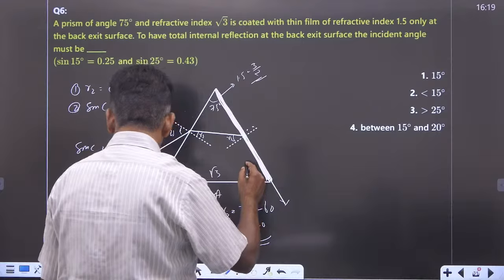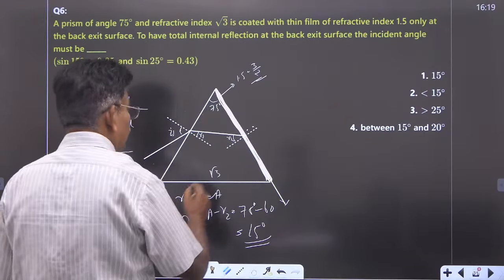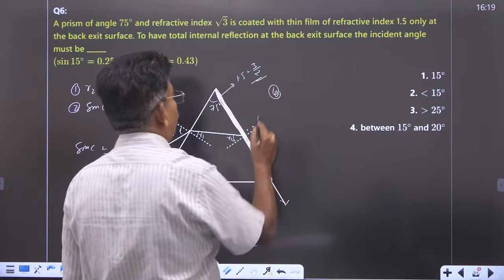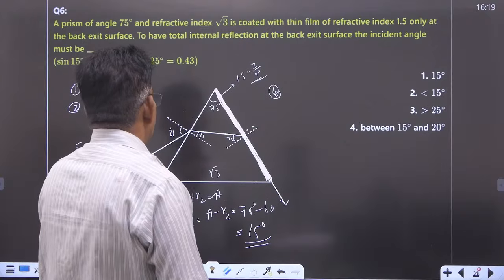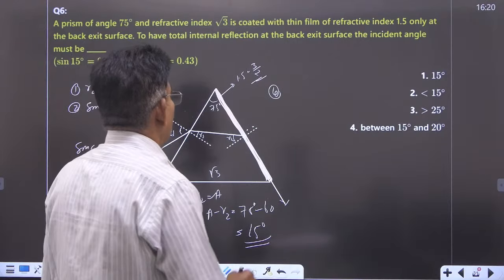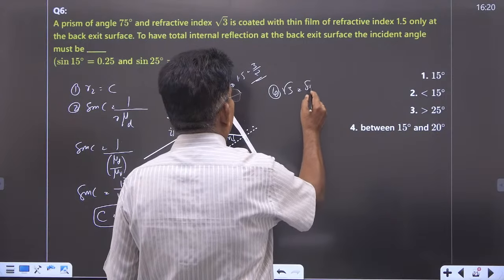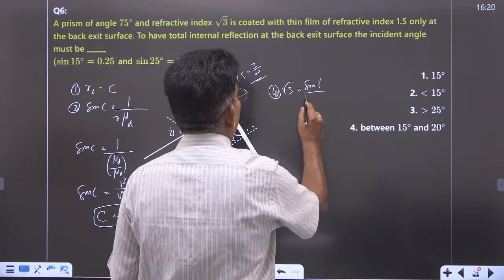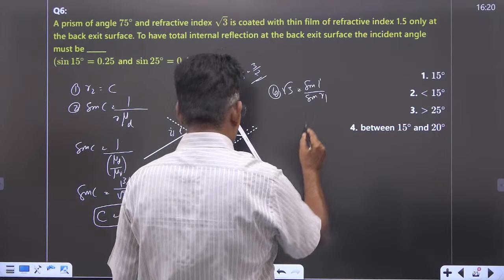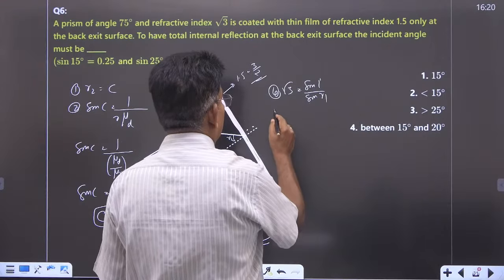Okay. Now we go to point number 4. What do you have to do? We have to calculate the sine I. We have refractive index, mu, root 3, is equal to sine I divided by sine R1. R1 is 15 degree.